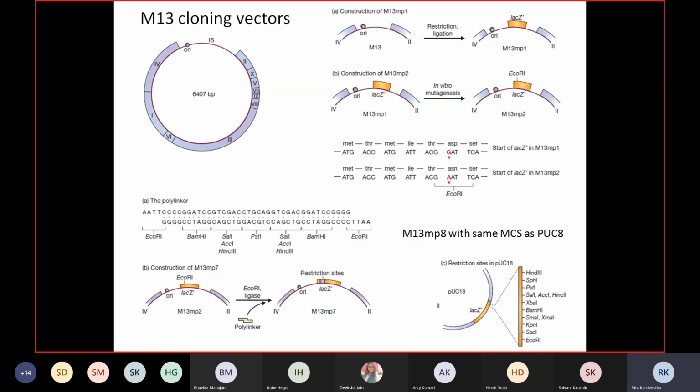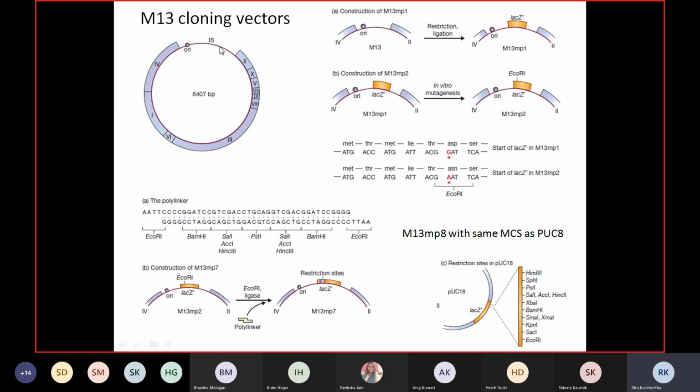Now the problem with M13 phage: this is the structure of the M13 genome, and as you can see, all the blue regions are the essential genes present in its genome, and what we are left with is a very small segment of DNA.